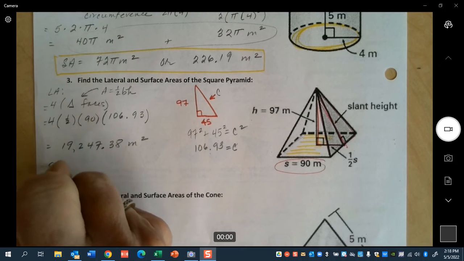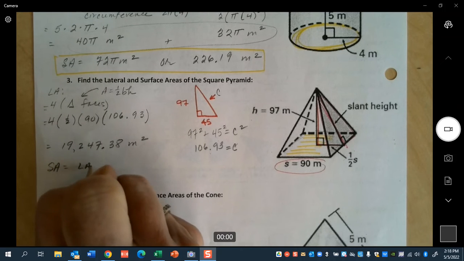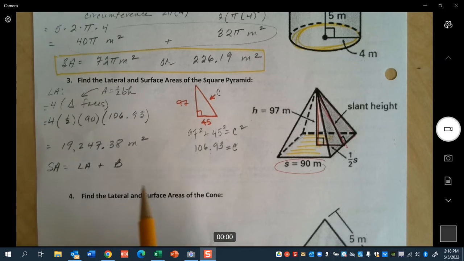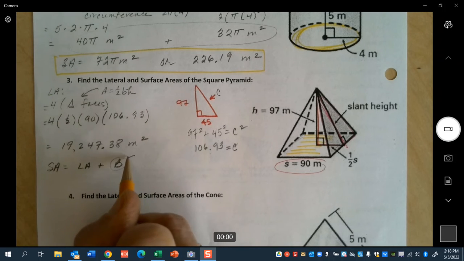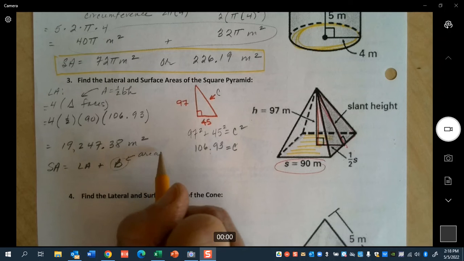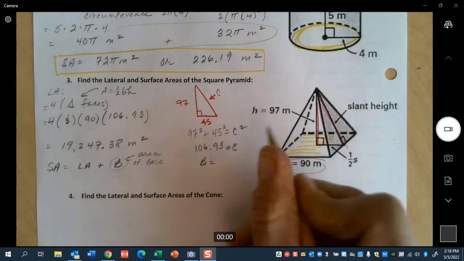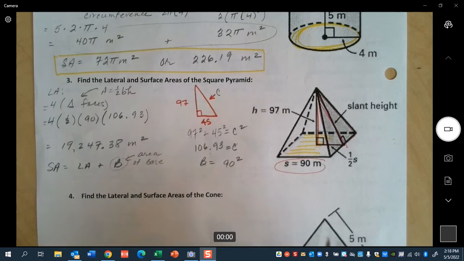My surface area is going to be equal to my lateral area plus the area of the base. When you see a big B, this represents the area of the base. And for that one, this one's easy. The area of the base is equal to 90 squared because it's a square pyramid.